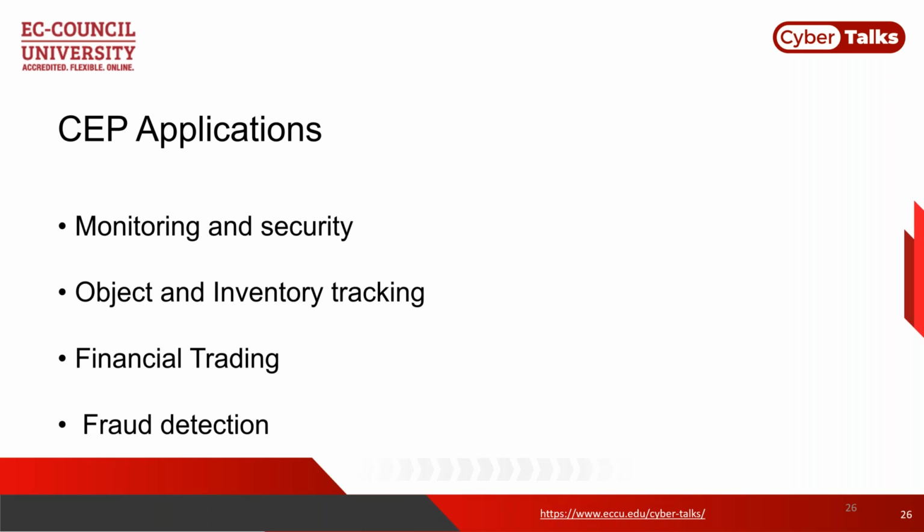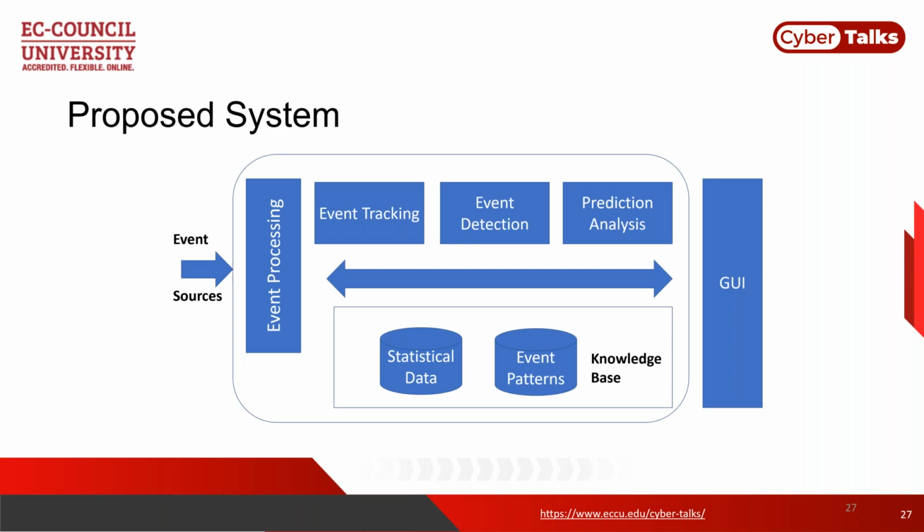Existing CEP applications are used in monitoring and security, inventory tracking, financial trading, and fraud detection. For the proposed system we'll be talking about, all the event sources will be sent to event processing, and you have event tracking, event detection, and prediction analysis.